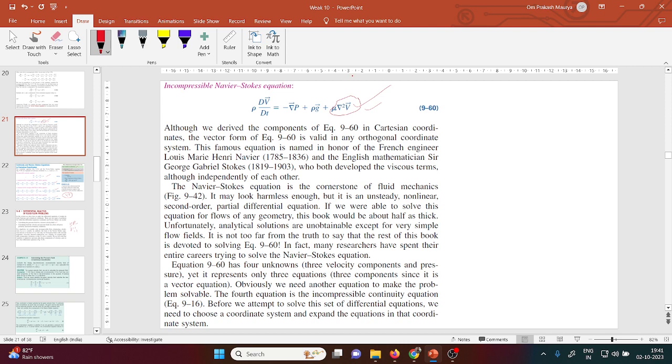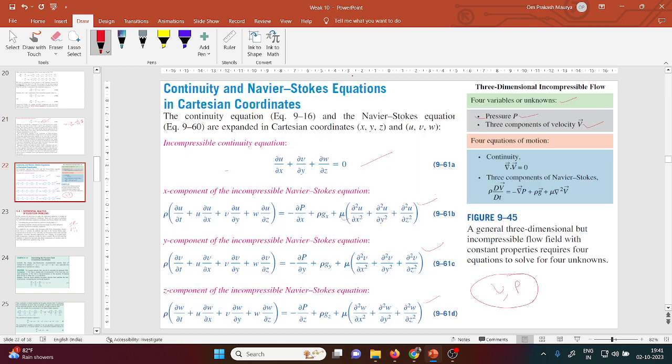What is the divergence? Del by del x plus del by del y plus del by del z. I think you know these things. So only the thing is written like that. The square is there.